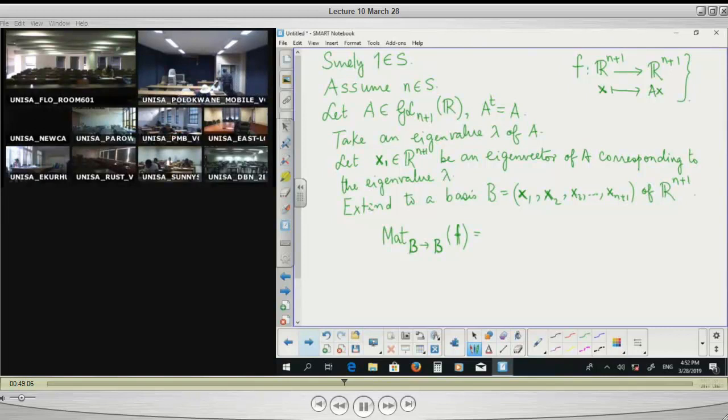Remember, this is the coordinates of B of F of x1.